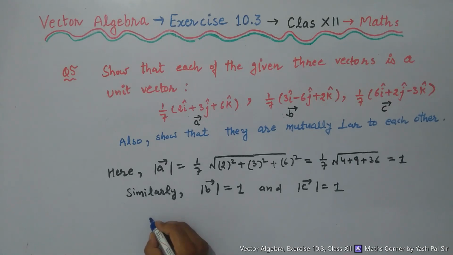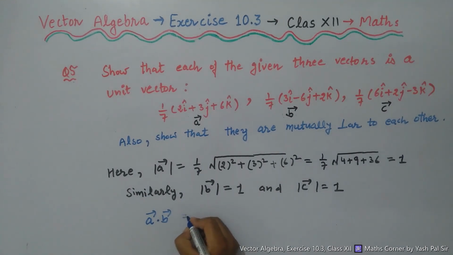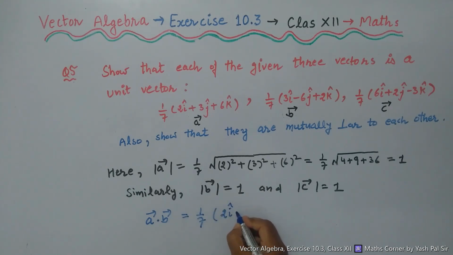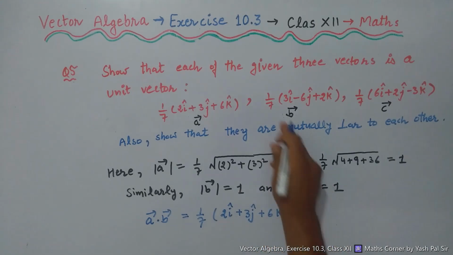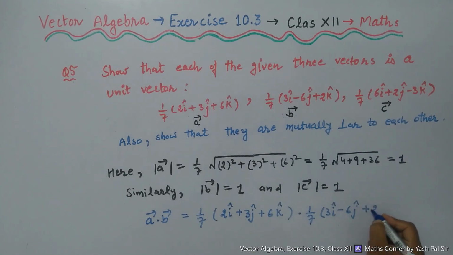So let us find the dot product between A and B. So here vector A is equal to 1 upon 7 into 2i plus 3j plus 6k. Dot product vector B is 1 upon 7 into 3i minus 6j plus 2k. Right?